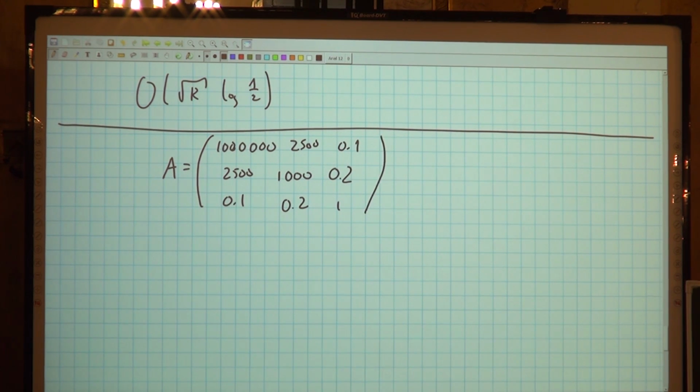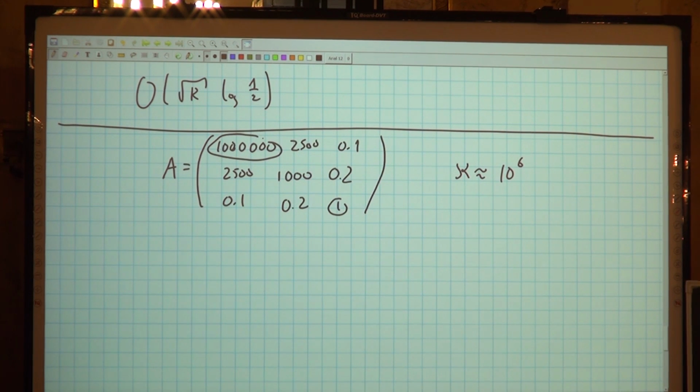Okay, this is my matrix. It looks normal. If you compute its condition number, it will be really bad. The condition number will be around 1 million, because clearly you see in particular this to this, that's the ratio that you will get.